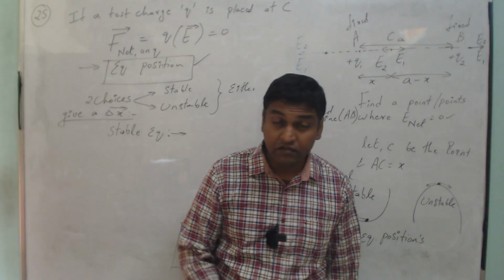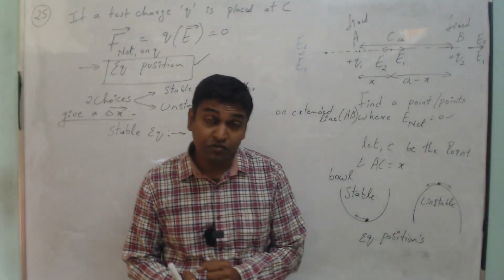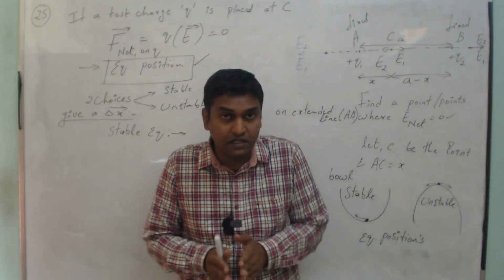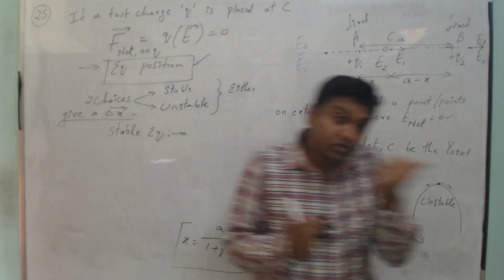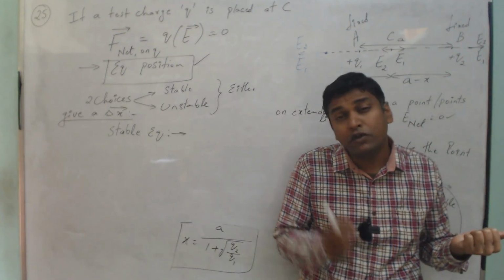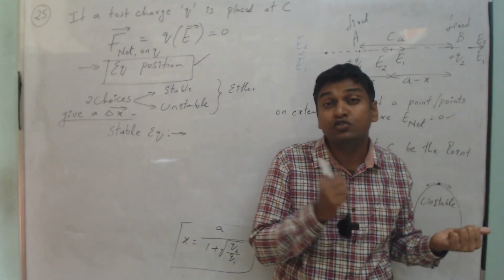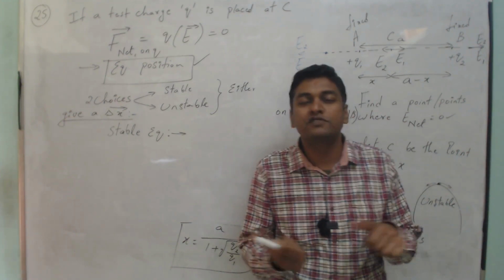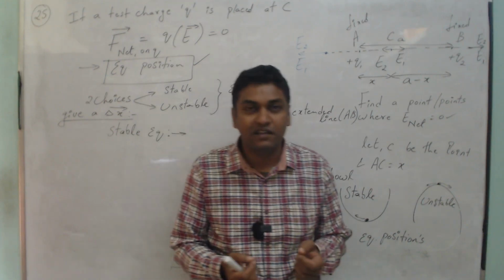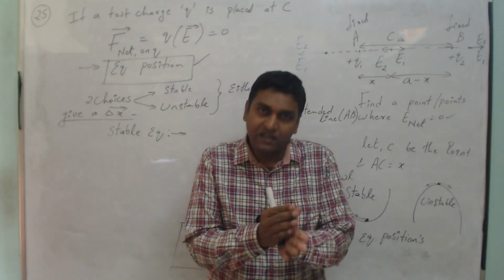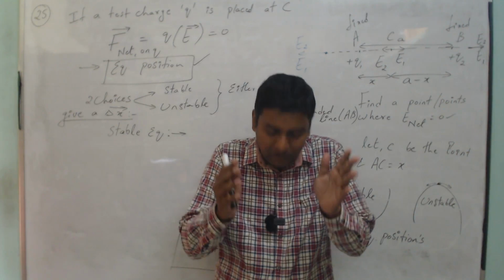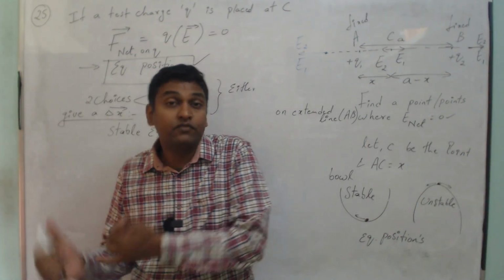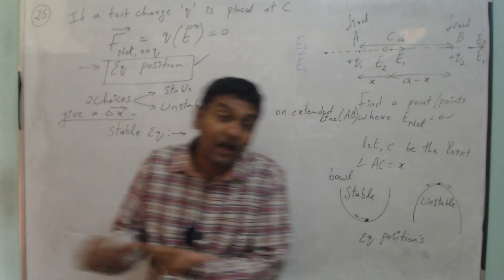If it's a stable equilibrium, and I give this delta x towards right, this is point C. Then for it to be a stable equilibrium, the force should be in which direction? In the opposite direction, so that it can come back. Similarly, continuing for stable equilibrium, if I go towards this side, the force should again be towards the right.